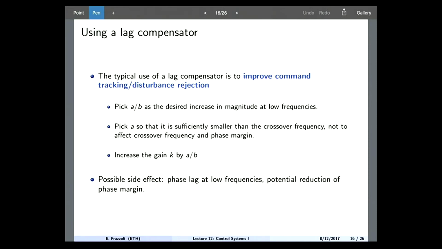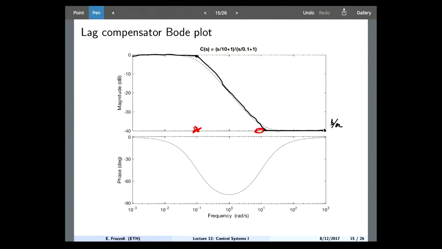So how do you make sure of that? You just make sure that crossover is somewhere over here, so that, yes, you do have a phase lag, but it occurs at a range of frequencies where the phase doesn't matter because it's away from crossover.